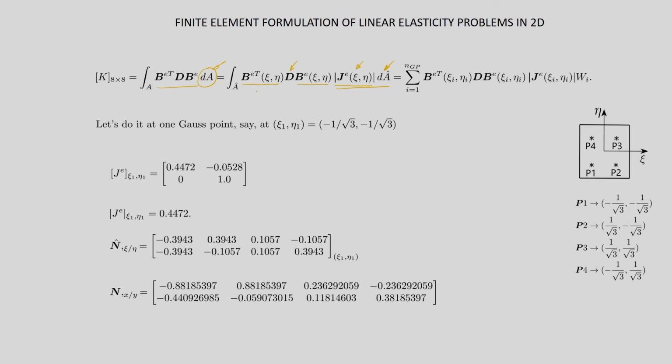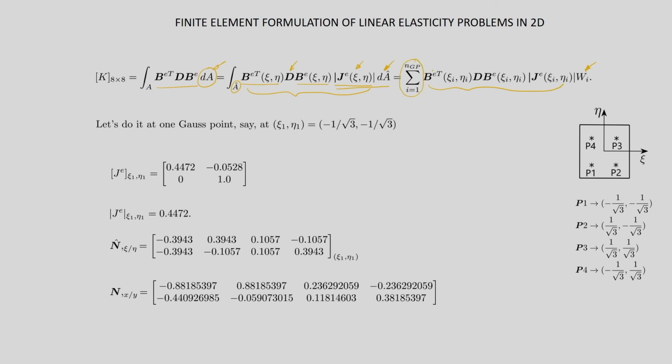So, now this integration is over the master element. This is the integrand that we have to evaluate at a particular Gauss point xi I eta I, then multiply with a weight Wi, which corresponds to the ith Gauss point, and then sum the contribution over all the Gauss points.